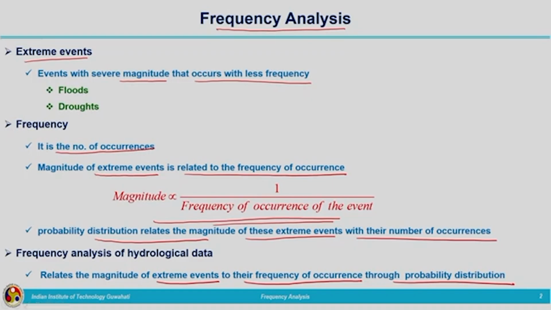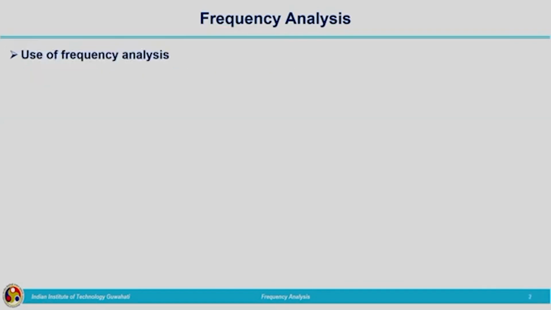The main aim of frequency analysis is to relate the probability of occurrence of an event to the magnitude of that particular event. When do we want to make use of frequency analysis? As I told in the beginning, in water resources projects, for example if you are going to construct a dam, the structure should be able to withstand the extreme event.